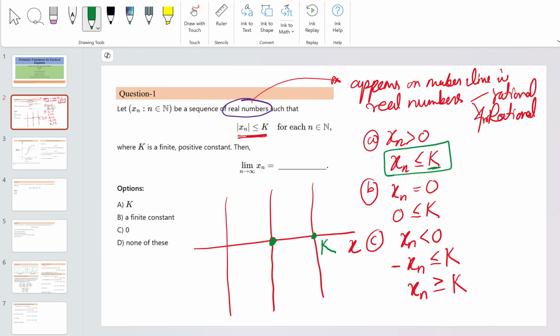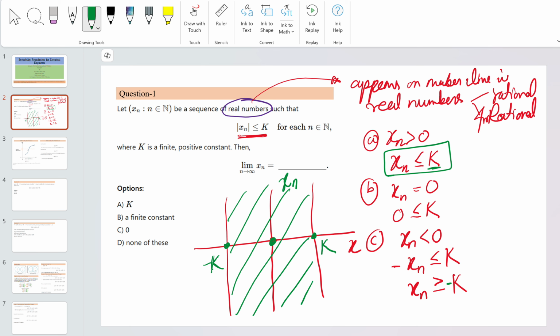If xn is 0, it lies at 0, which is less than or equal to k. If xn is less than 0, it will be greater than or equal to minus k. So suppose this is minus k. So xn actually lies in between. This is the part of xn.